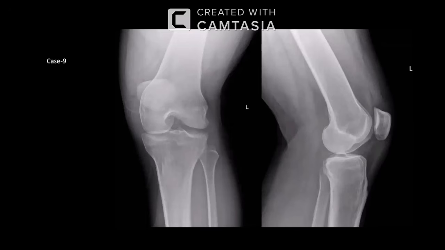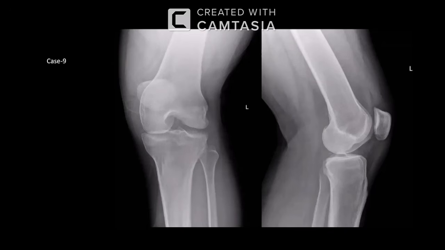There is also suspicion of some fluid level, which is concerning for lipohemarthrosis. However, the best view to see would be the horizontal beam view. Apart from that, there is no bone fragment noted lateral to the tibia to suggest a Segond fracture.